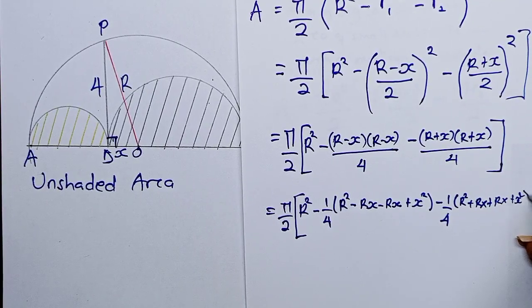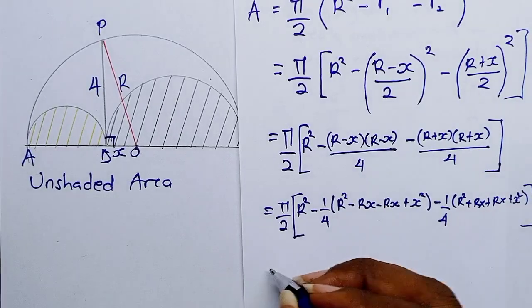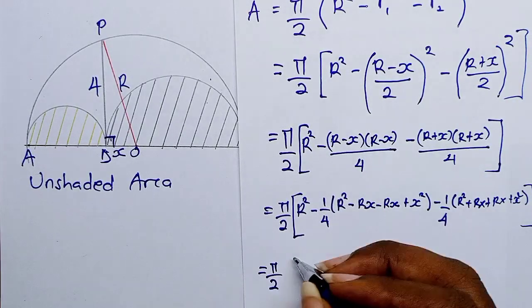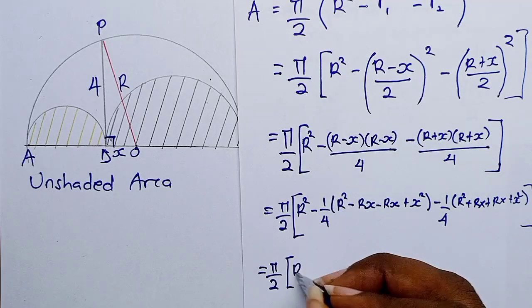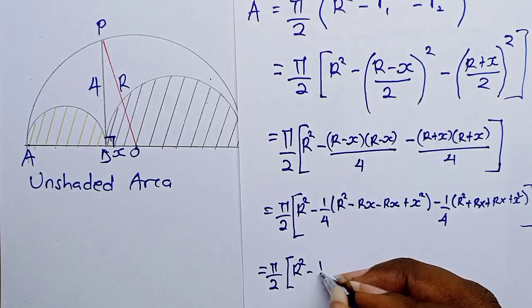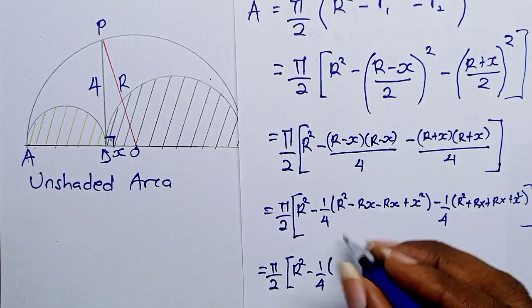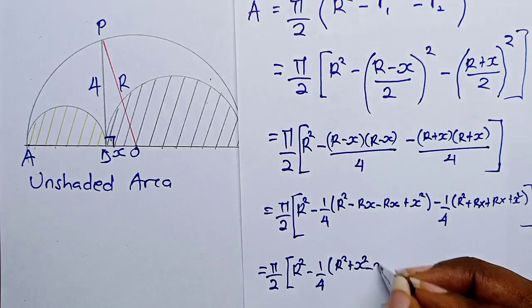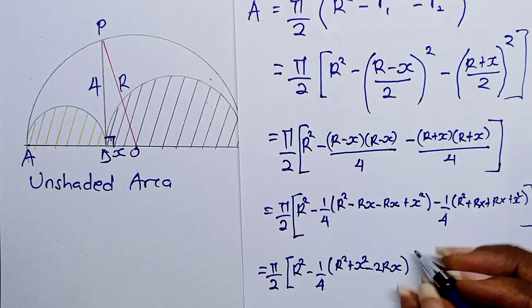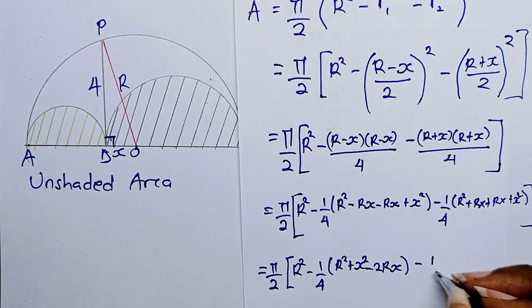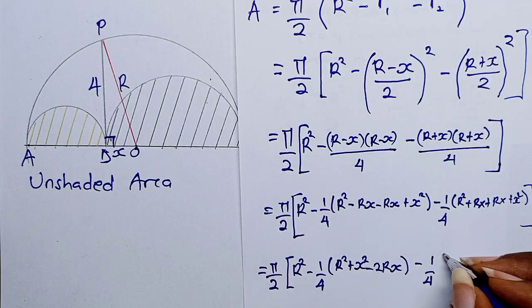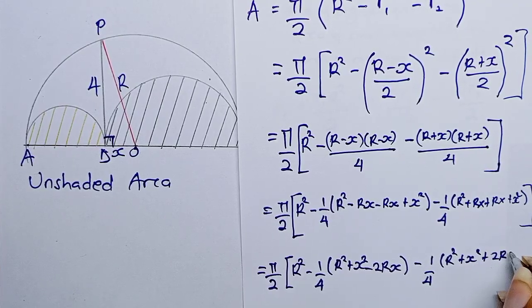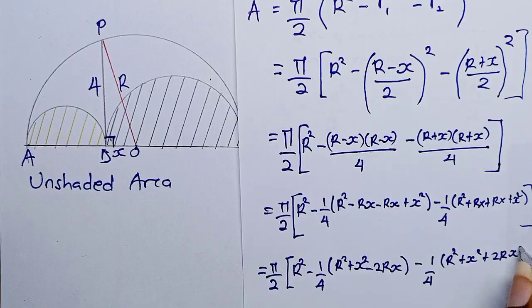So this is equal to pi over 2 into R squared minus 1 over 4 into, when you collect like terms, you get R squared plus X squared minus 2RX, minus 1 over 4 into R squared plus X squared plus 2RX.